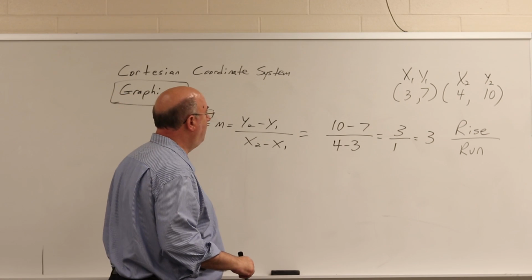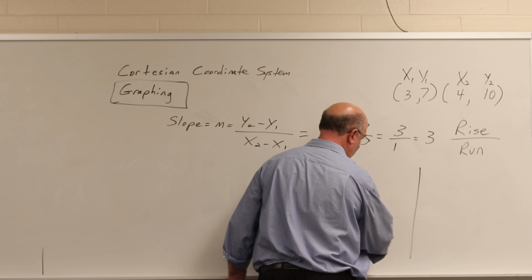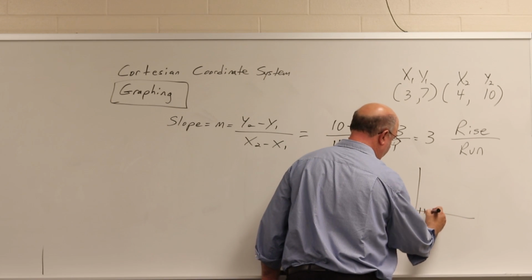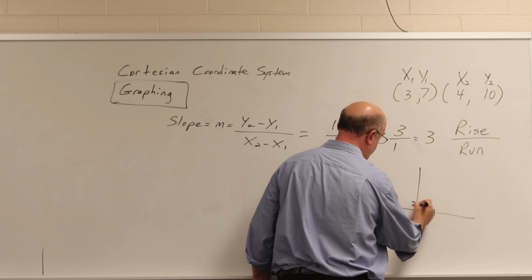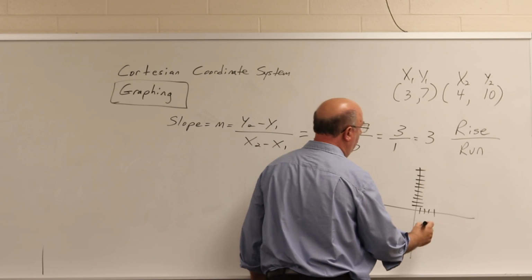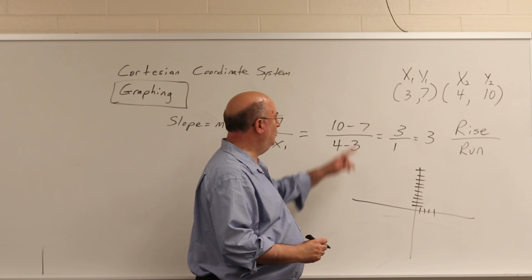Let's just show this on a graph. Make a small graph over here. And x is 1, 2, 3, 4. And y, everything's positive on this thing. We'll pretend I can draw the scale. Let's do the first one.